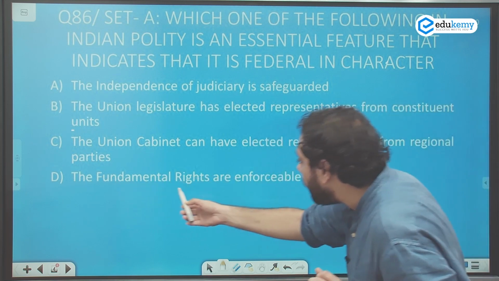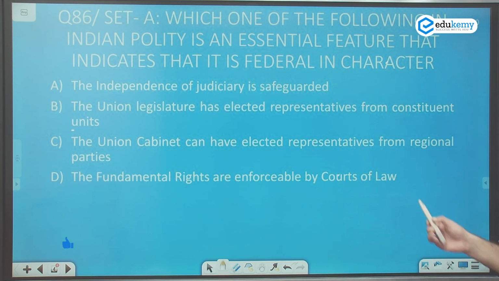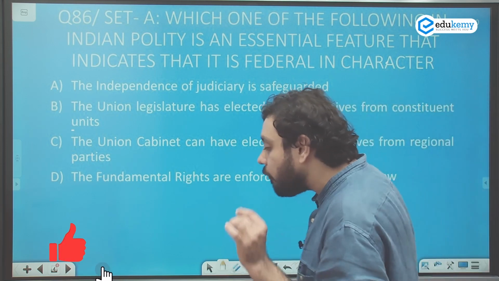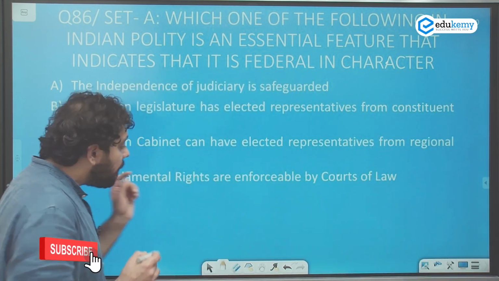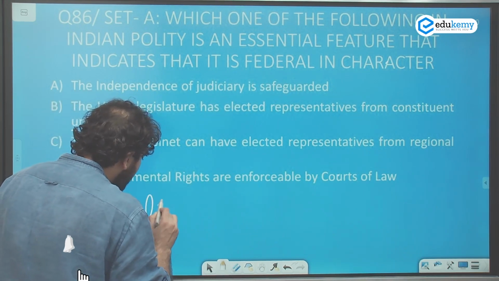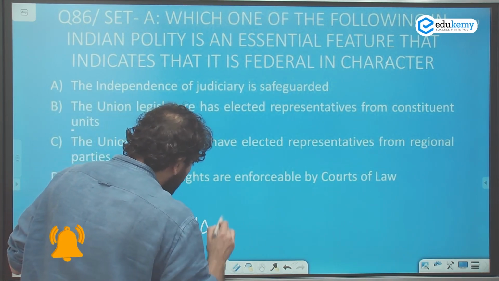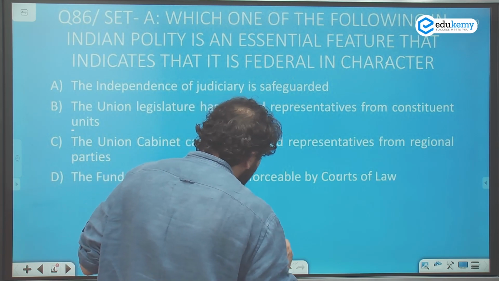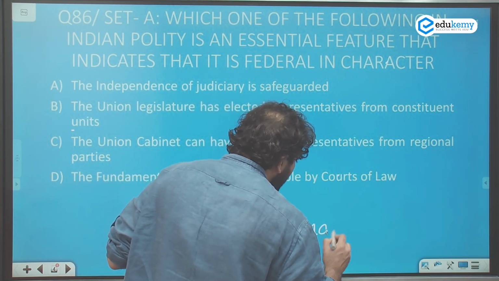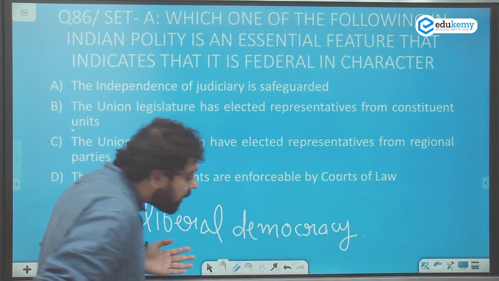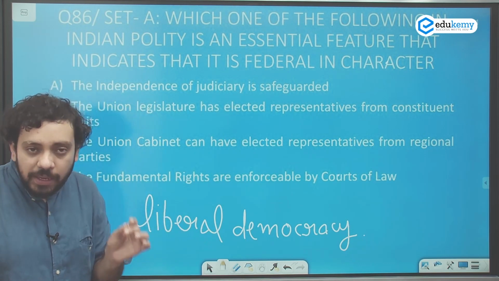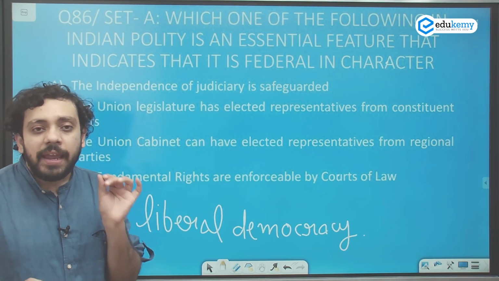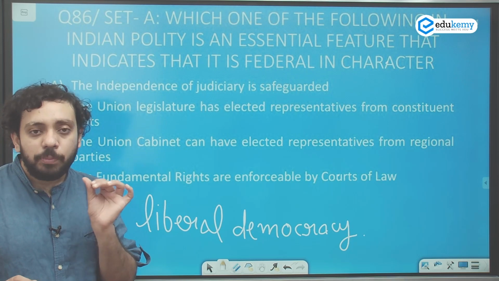D says the fundamental rights are enforceable by courts of law. This indeed is a feature of Indian Constitution, but the character which it tries to safeguard is the character of a liberal democracy. Liberal democracy by definition means where individual rights, interests, and freedoms are protected.